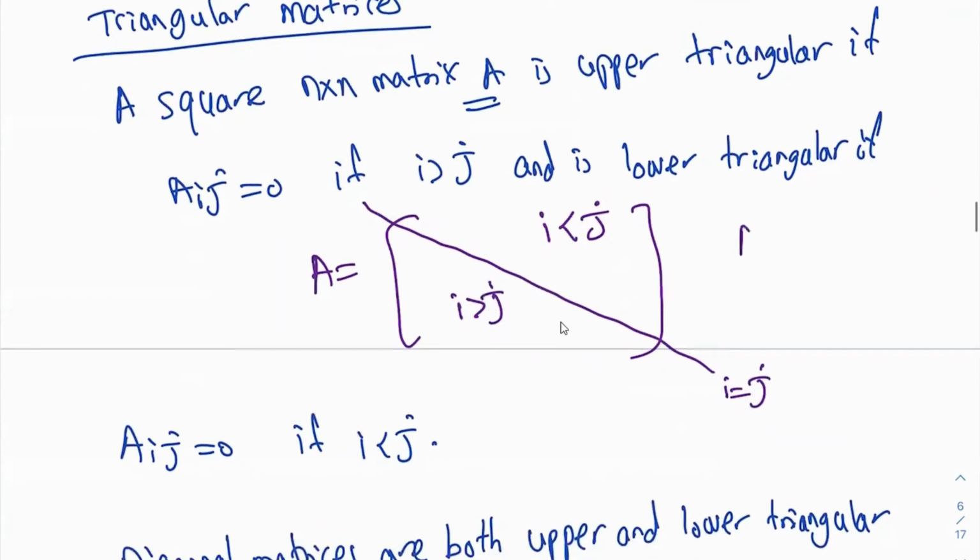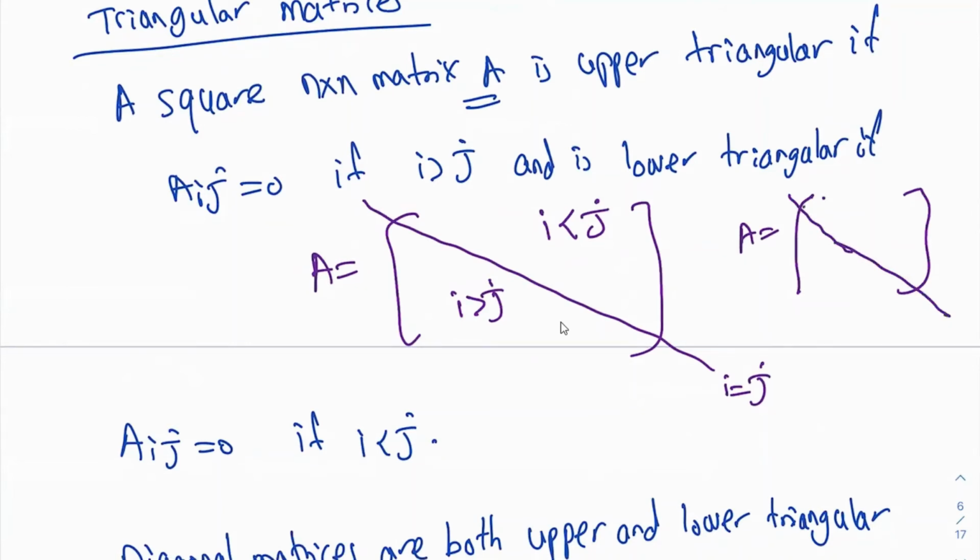Let's go ahead with an example. I'm going to consider a 3 by 3 matrix. So this is the main diagonal. Here we have the first row and the second column. I'm going to label the rows and columns 1, 2, 3. Remember, j refers to the column.